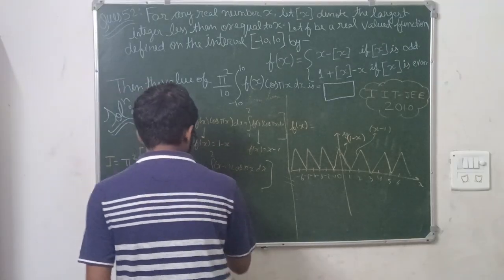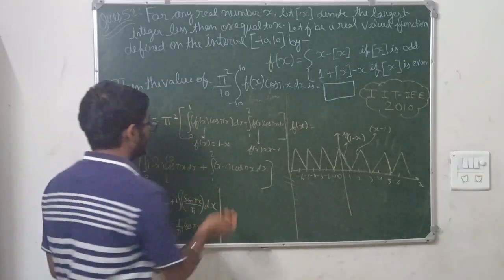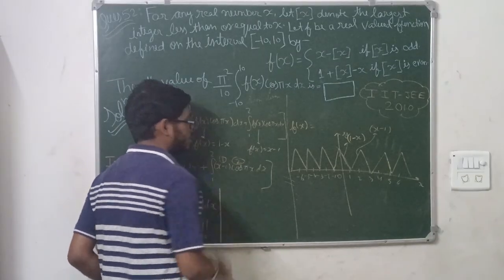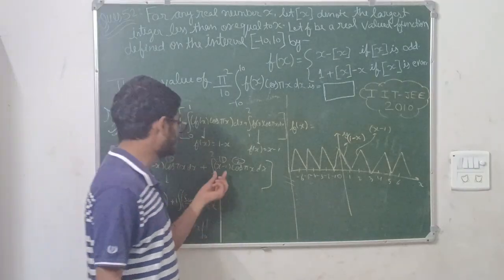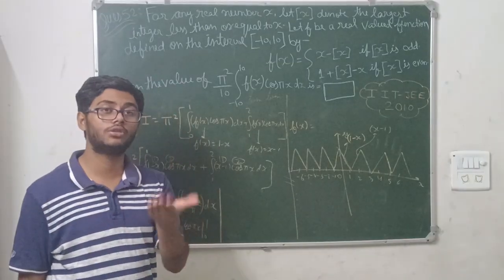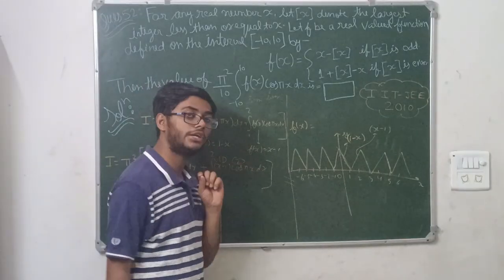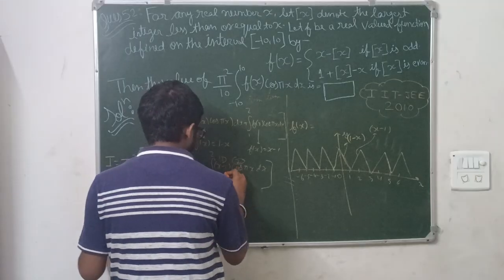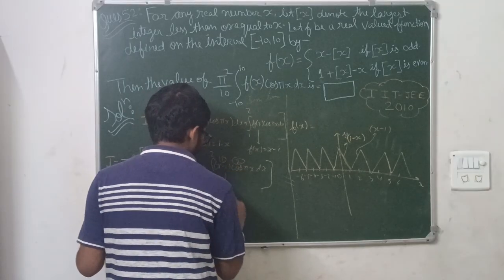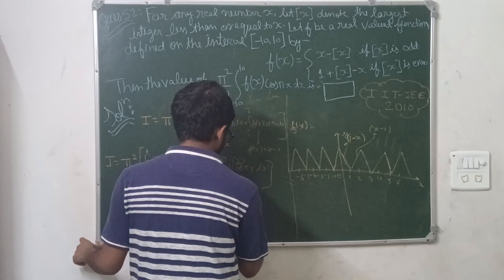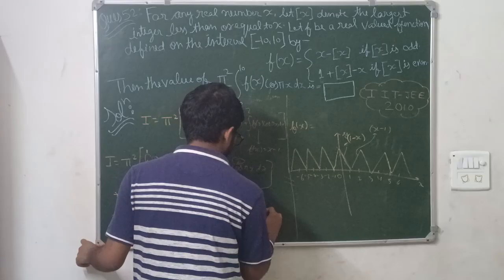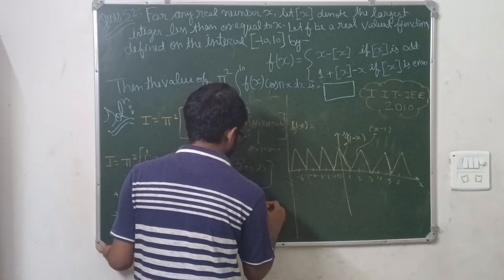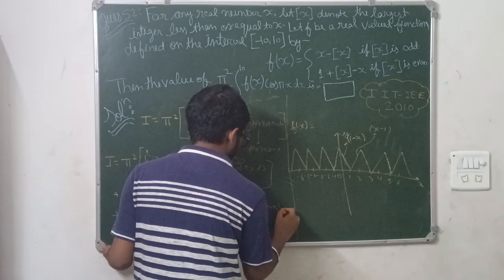Okay, for the second one, same, apply the ILATE rule. Assume this as the first function and this as the second function. How to do this? The function whose differentiation is easier, you assume that as the first, and the function whose integration is easier, you assume that as the second. Now apply the rule: first as it is, into the integration of the second, sin pi x by pi, minus the integration of the differentiation of the first into the integration of the second, into whole dx.